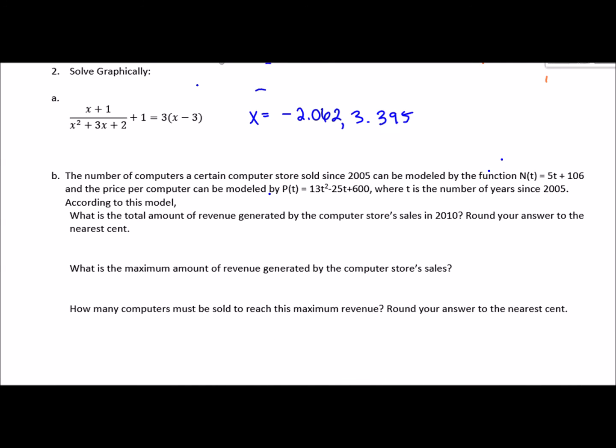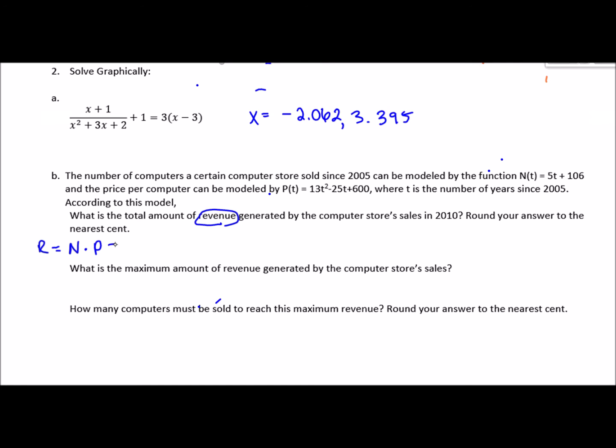Okay, we solved this one in class, but just in case those of you that weren't here or need it, it's talking about revenue. And revenue is when you take the number of items you've sold and multiply them by the price per item. For example, if my computers cost $1,000 and I sold 10, my revenue is 10 times 1,000 or $10,000.